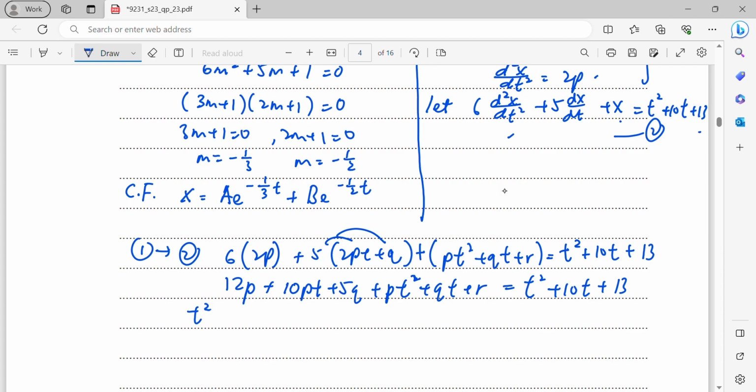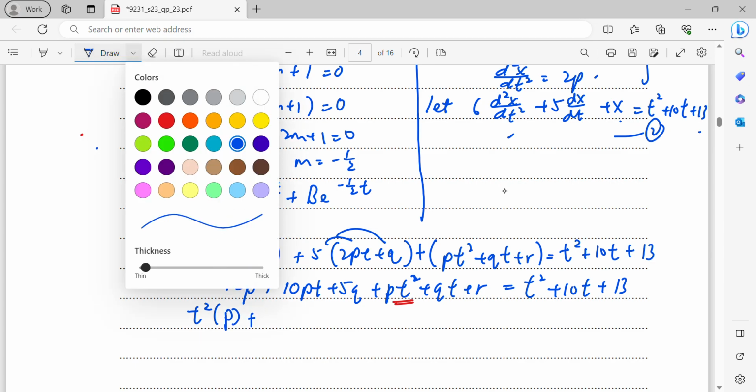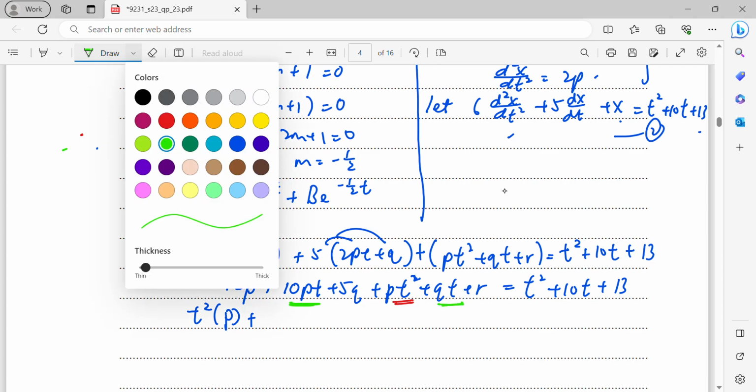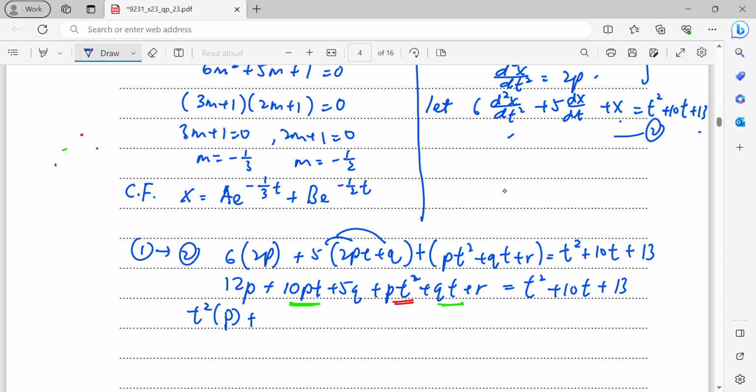Okay, so now I will group them first. I will group the t squared. For t squared, this is the only term, so the coefficient is p. Then I group the t, so the term with t has the coefficient 10p plus q. Lastly will be the remaining terms, which will be the constant.